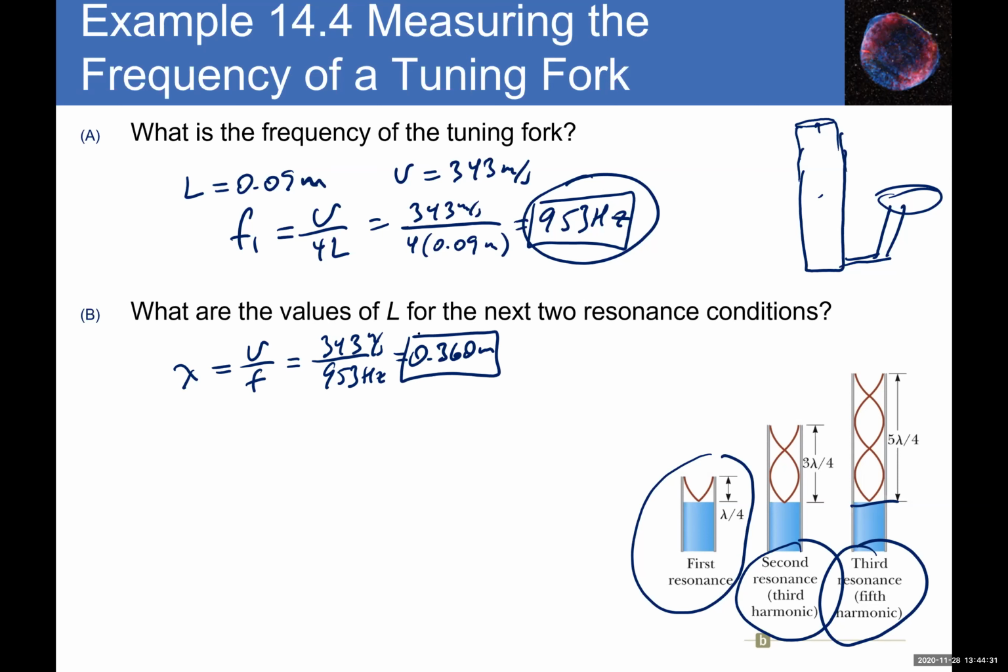Now the question is, will the wavelength also change when I'm changing the water level? Well, the answer is no. Wavelength equals velocity over frequency, and none of those quantities change. Then wavelength cannot change either. That means it's constant. But what can change is the length.